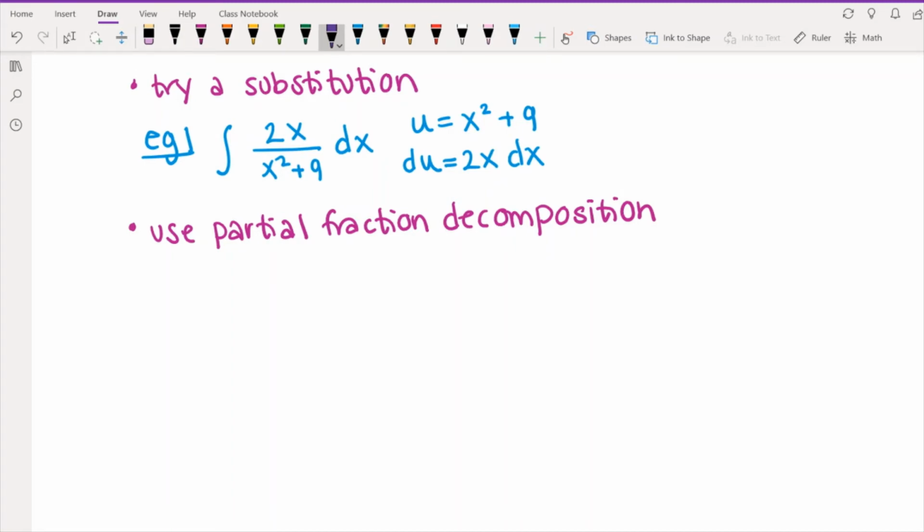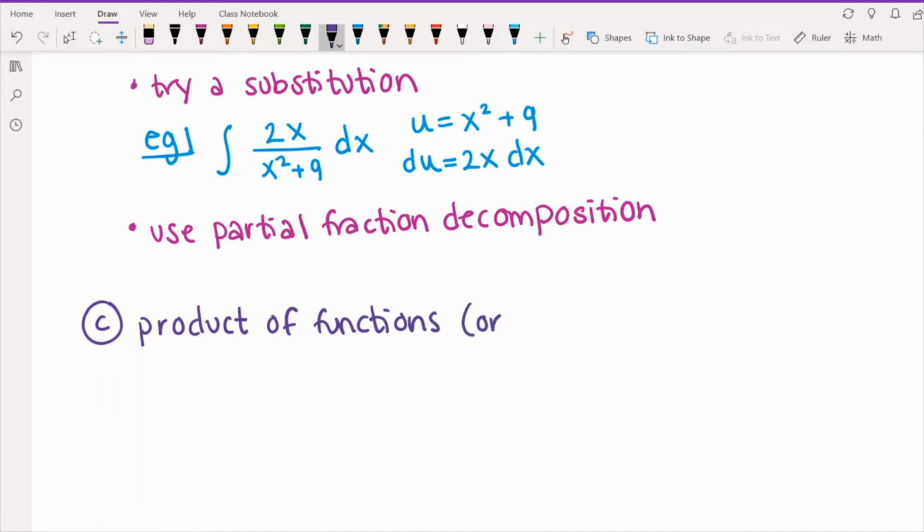Okay, so two more types. The next type of function I want to talk about is a product of multiple types of functions.